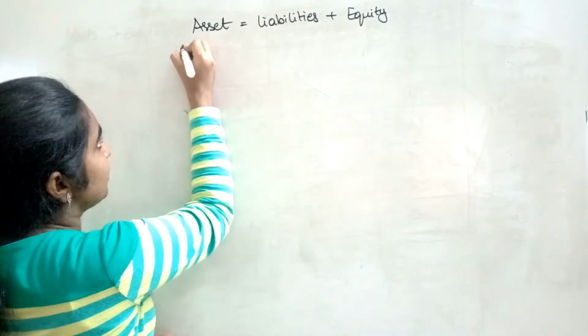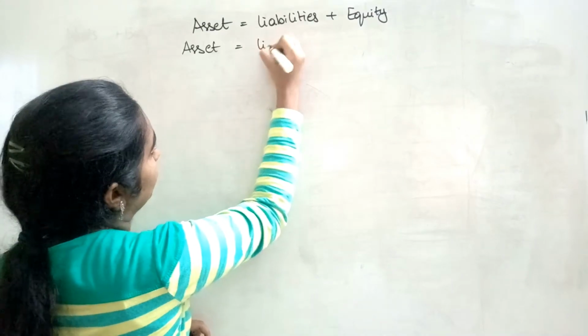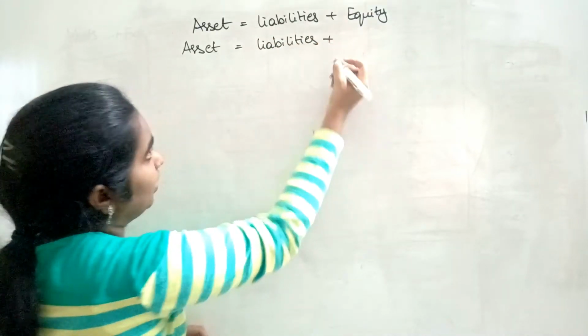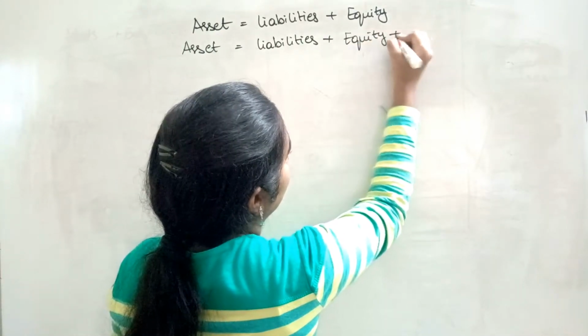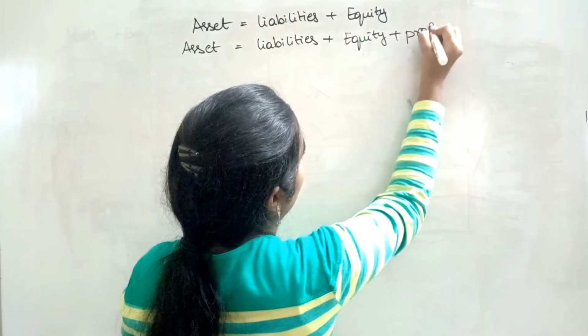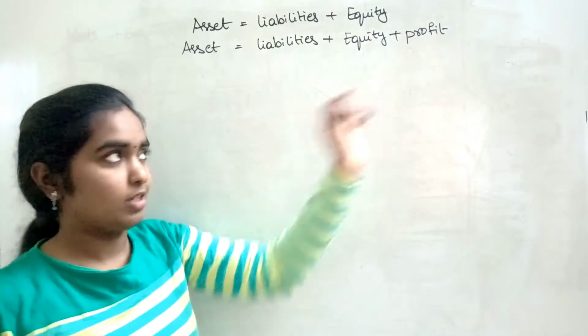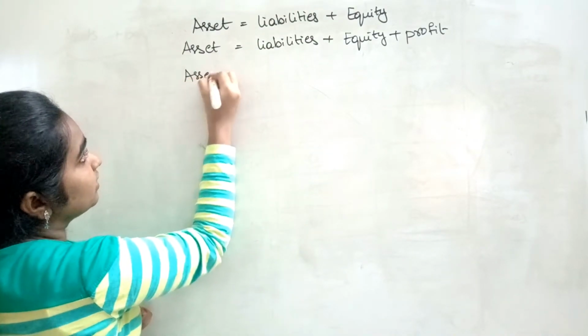So we can write this equation as assets is equal to liabilities plus equity plus profit, if it is a loss, minus loss. Okay, so again we can expand this.